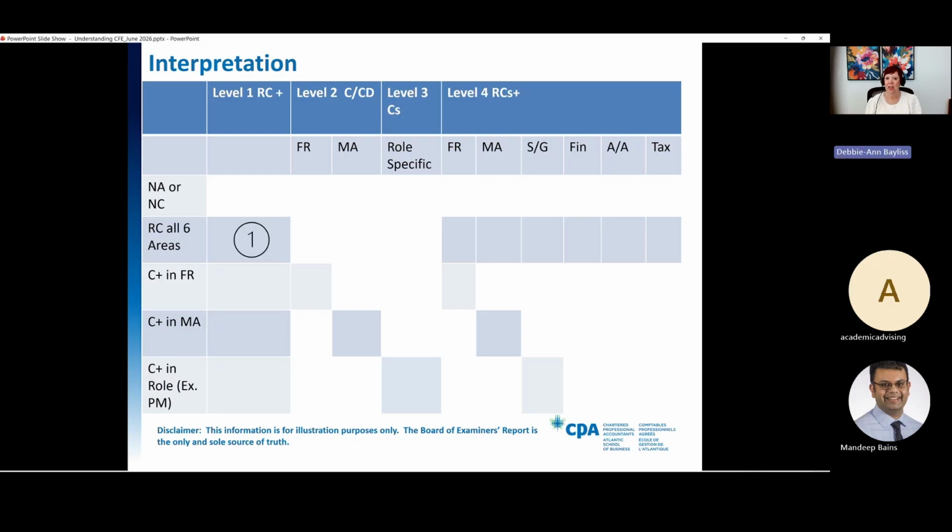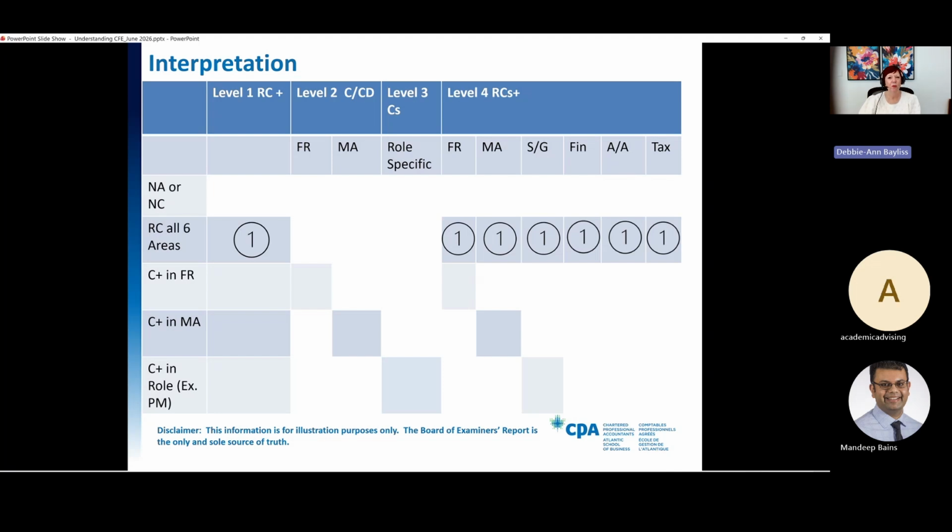If you achieve a reaching competent in any of the assessment opportunities, then let's use that 1 point value as an example. You get 1 point under level 1, and it will count towards the requirement for the appropriate and associated technical competency for level 4.